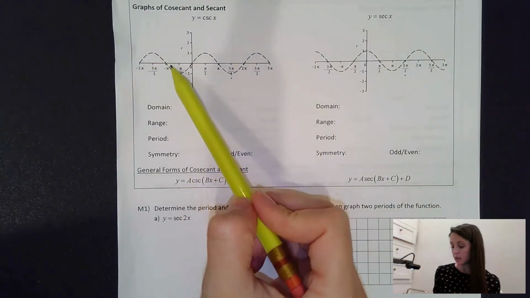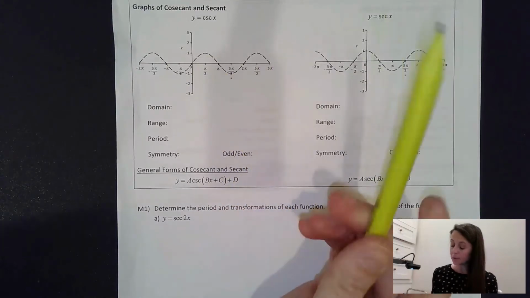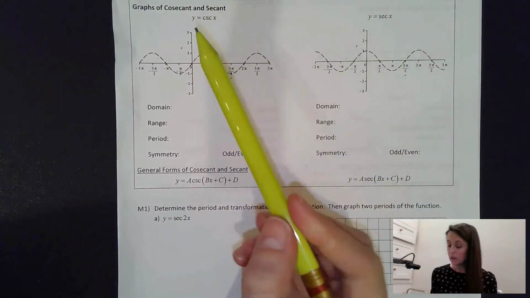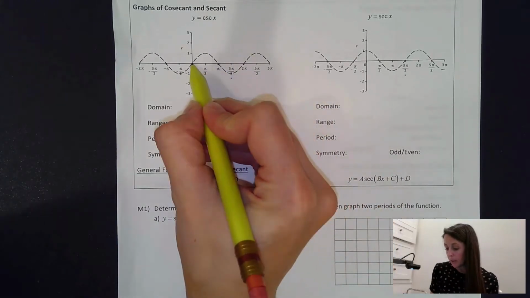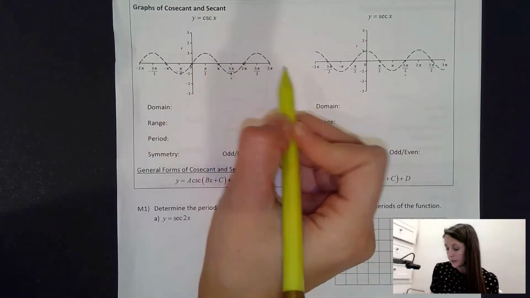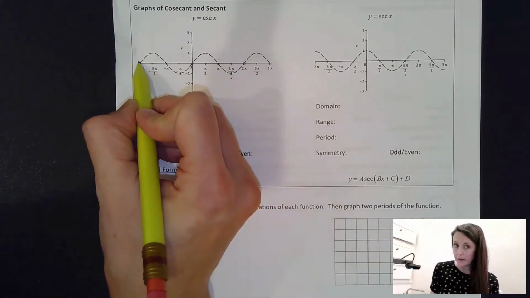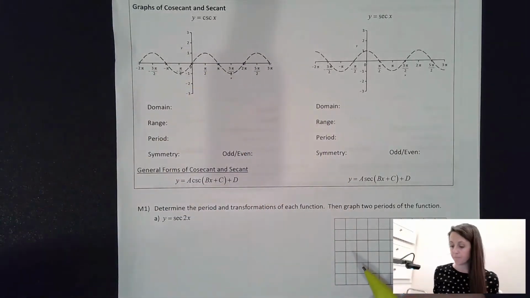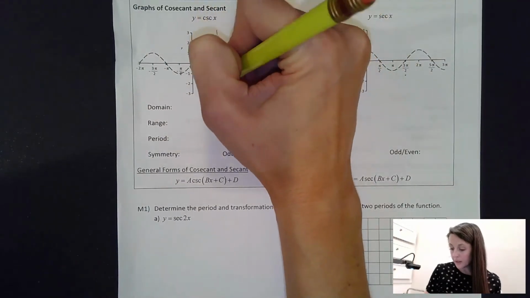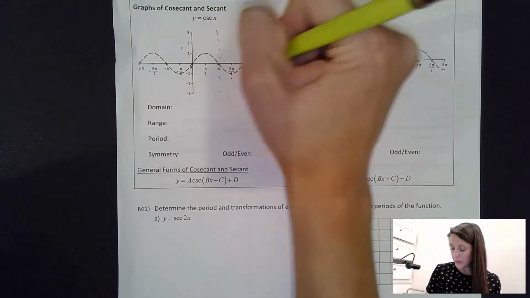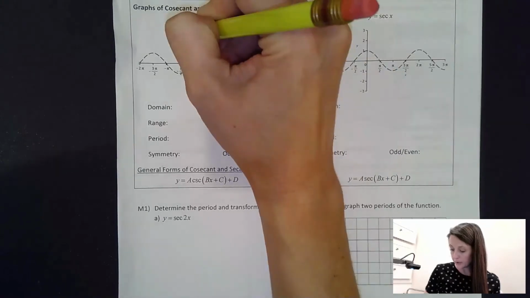So here, this dotted line right here is your sine graph. So if it's the reciprocal, what's going to happen at pi, 0, 2 pi, 3 pi, and a negative 2 pi? It's going to become undefined, right? So at these values, you are going to have a asymptote.